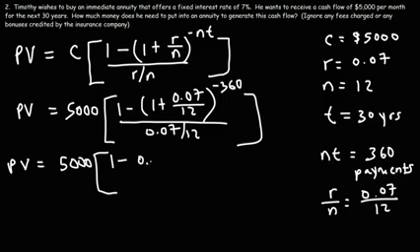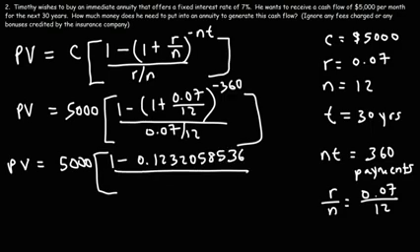So that's going to be 0.1232058536. And on the bottom, 0.07 divided by 12, that's 0.00583 repeating. So you can write a few threes to get an accurate answer. So 1 minus 0.1232058536, that's 0.876794, and then divide that by 0.0058 with 3 repeating.